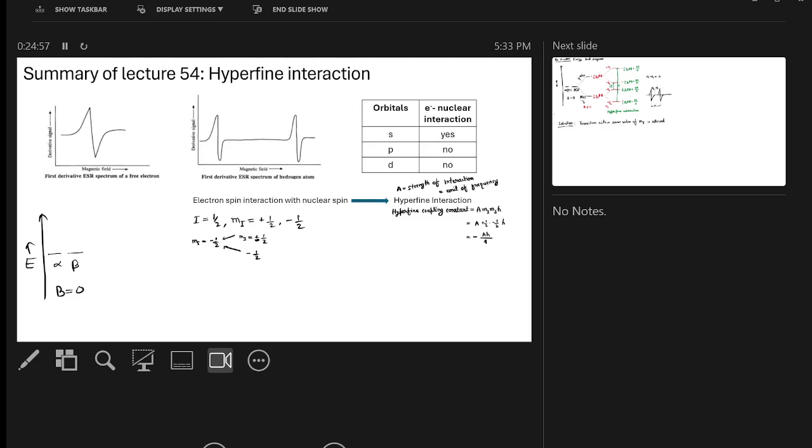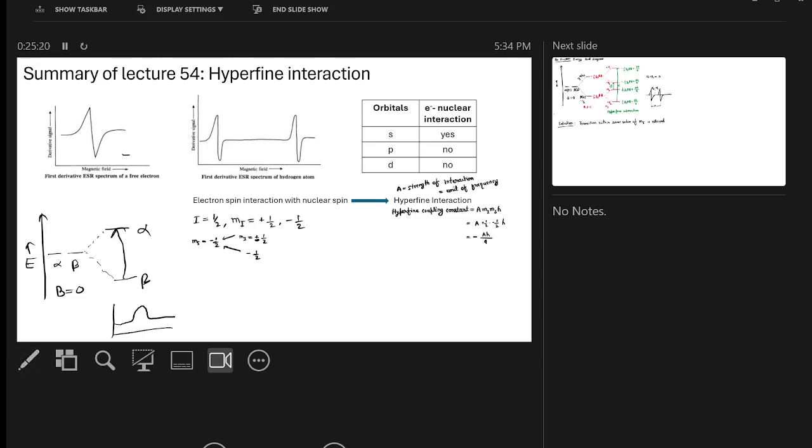But when you apply the magnetic field, the energy separation happens. This is your beta and this is your alpha, and because of this transition you will get one peak. Using the first derivative of this absorption peak, you will get something like this.